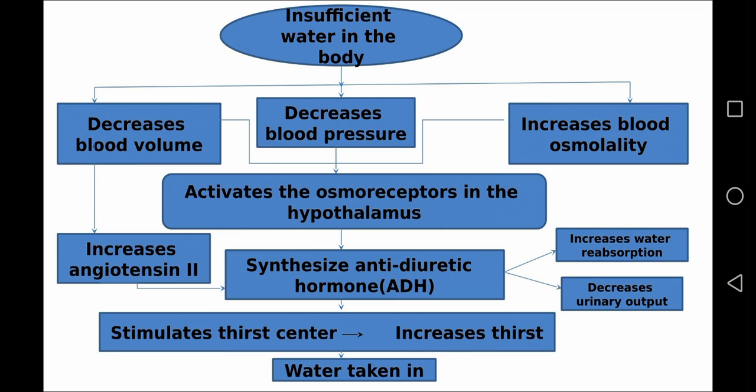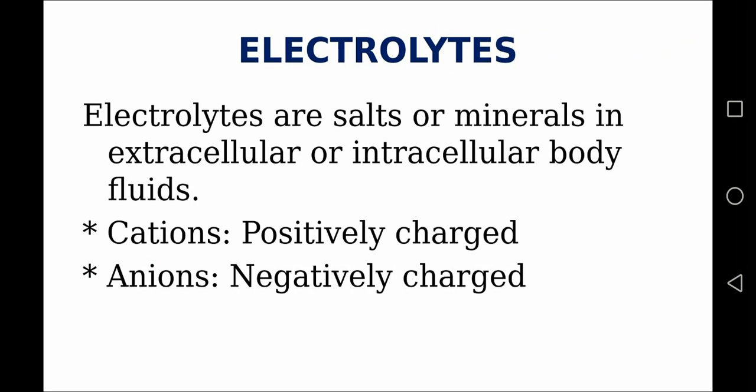Okay, let's see what are electrolytes. Electrolytes are substances that become either positively or negatively charged when dissolved in water. The positively charged electrolytes are called cations and the negatively charged ones are called anions.